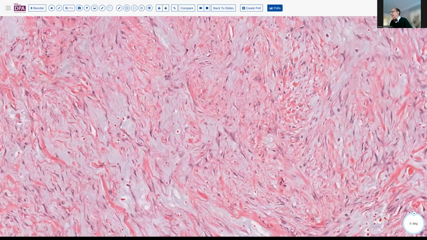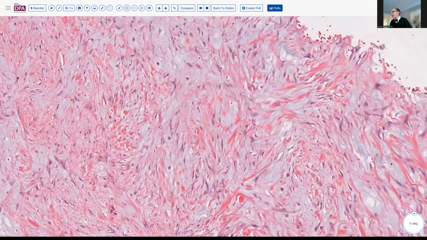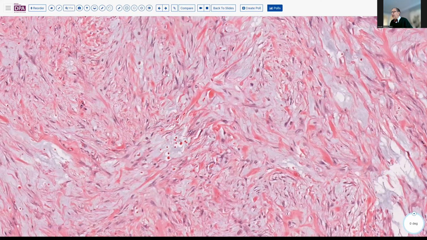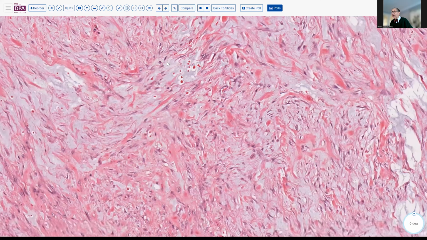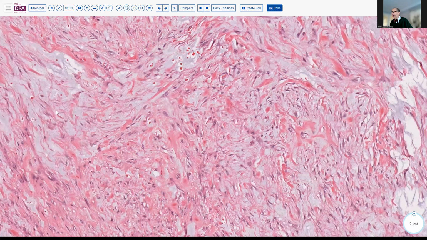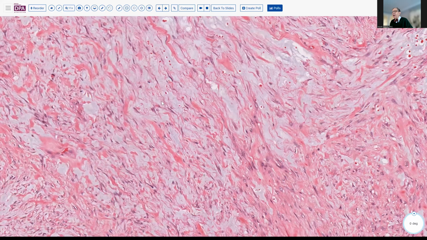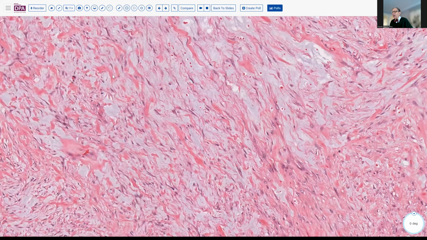I can look around. I think there's a number of mitotic figures in this lesion as well. This kind of an area here is what is sort of more classically defined as the tissue culture appearance of these lesions. And as I mentioned, they can be quite mitotically active.